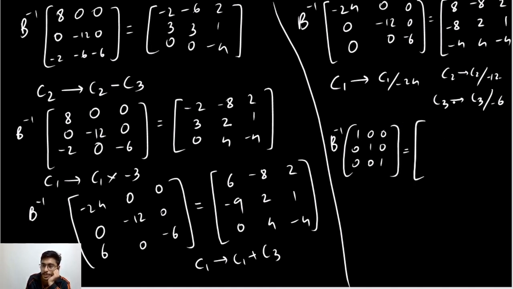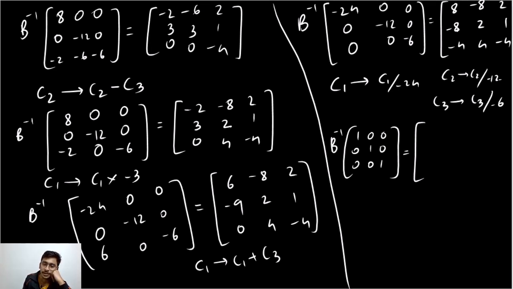But on the RHS what we get is 8 divided by minus 24, so 8 3s are 24, so minus 1 by 3, and 8 3s are 24, so it will be plus 1 by 3, and 4 6 is 24, so it will be plus 1 by 6.